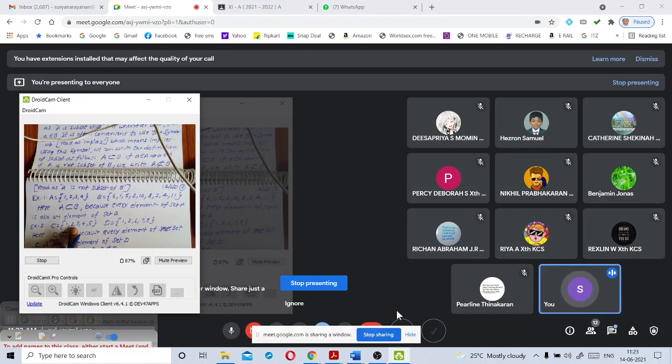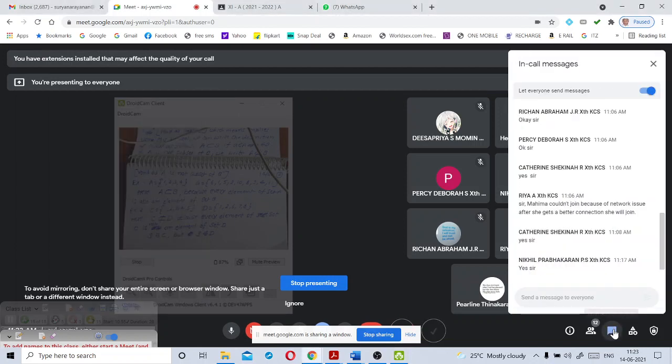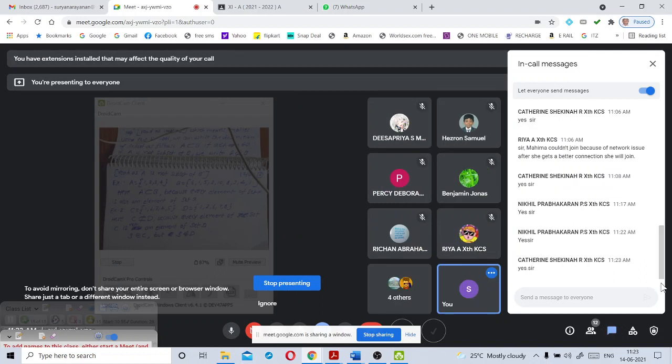Three is an element of set C, but it is not an element of set D. That is why we can say that C is not a subset of D. Got this point, my dear children? Yes, sir.